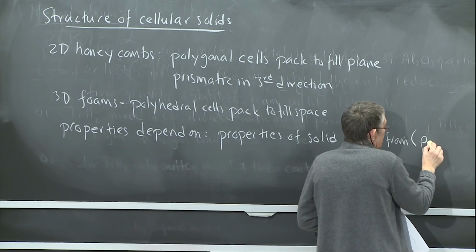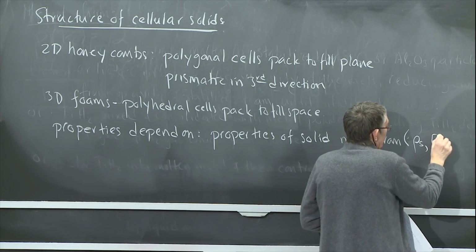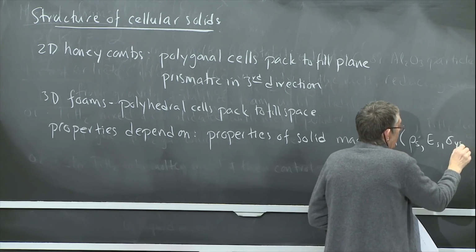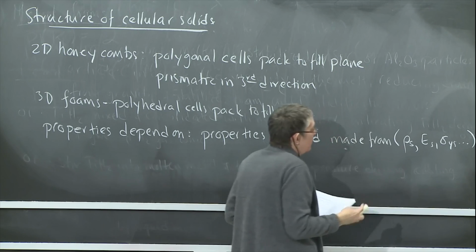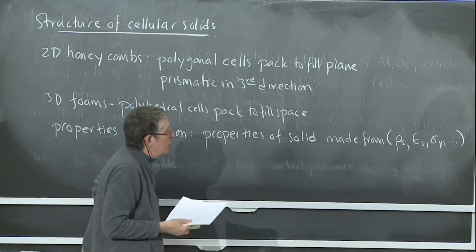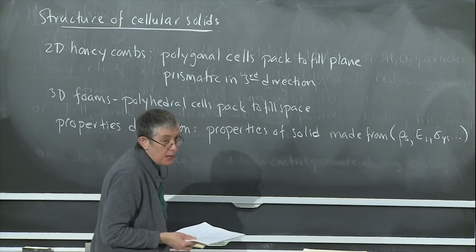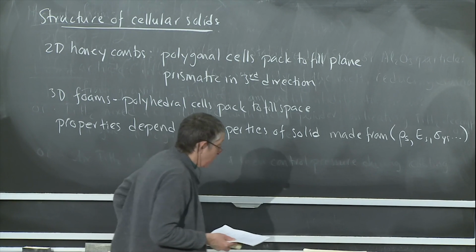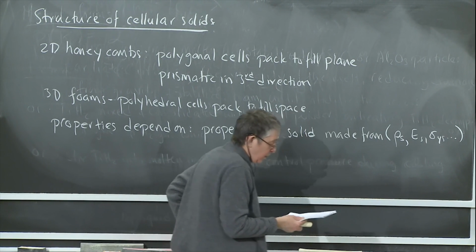And some of the properties that we're going to use that are important for this type of modeling are a density of the solid, which I'm going to call rho s, a Young's modulus of the solid, which I'm going to call Es, and some sort of strength of the solid, which I'm going to call sigma ys for now.